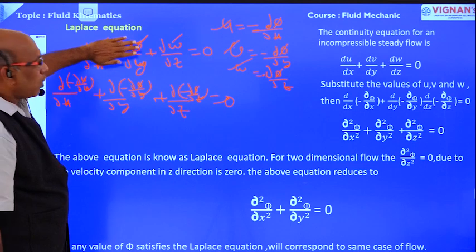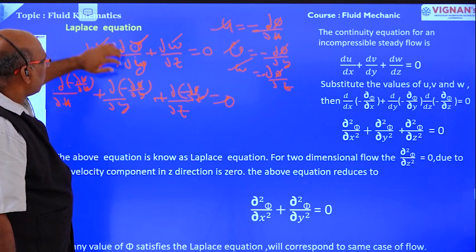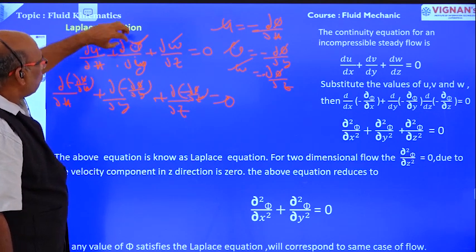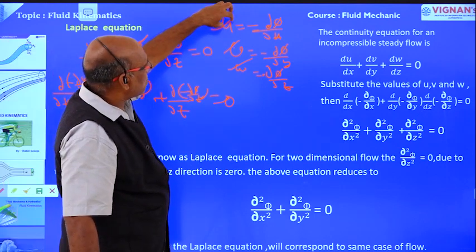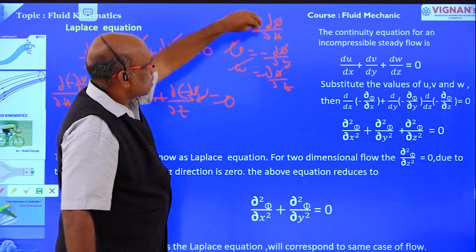First we have taken the continuity equation. In the continuity equation, in place of the velocity components u, v, w, we have substituted their values in terms of the velocity potential.